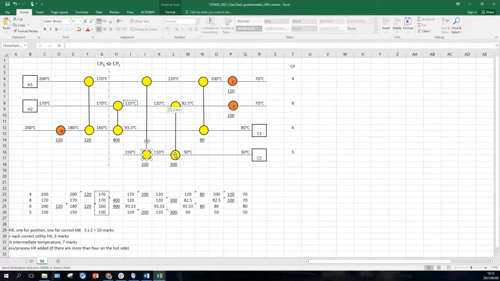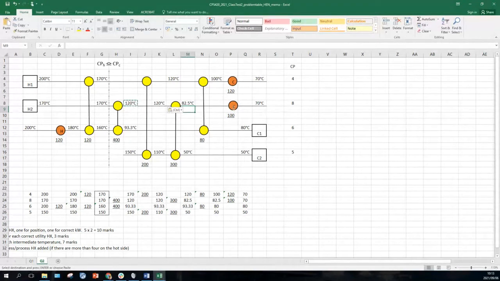And now eventually we're making this match starting at 120 and 110, and we use the rest of the 500, which will be a 300 kilowatt heat exchanger, and the temperatures are okay on the other side. This one is now complete. We can tick that off.